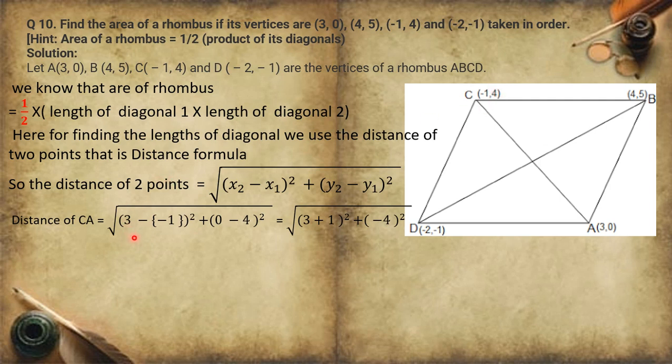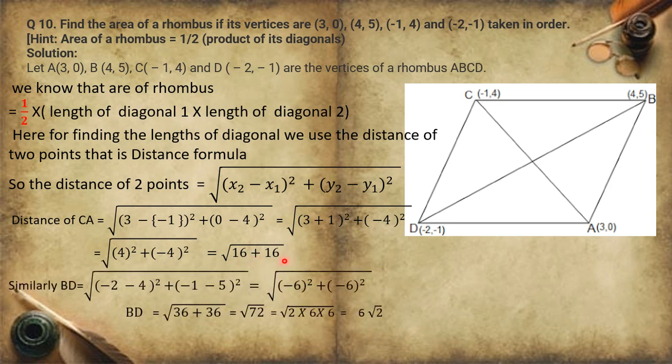By solving this, 3 minus minus is plus, so 3 plus 1 whole square and 0 minus 4 is minus 4 whole square. So 3 plus 1 becomes 4 and minus 4 square. 4 square plus minus 4 square becomes 16 plus 16, that is equal to 32, square root of 32, and it is 4 under root 2.